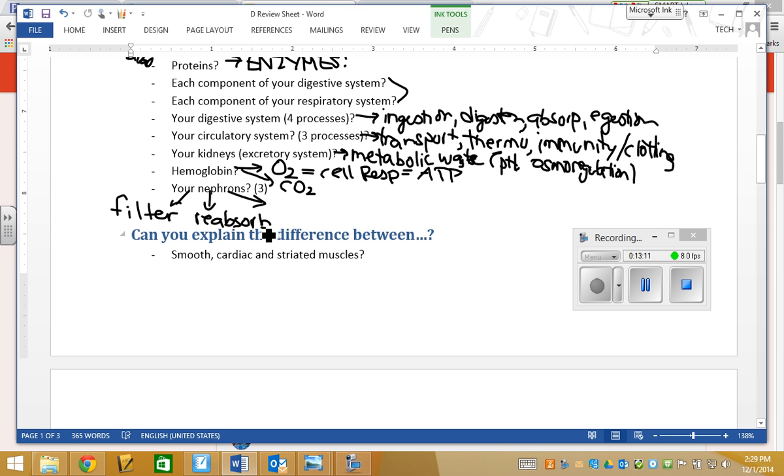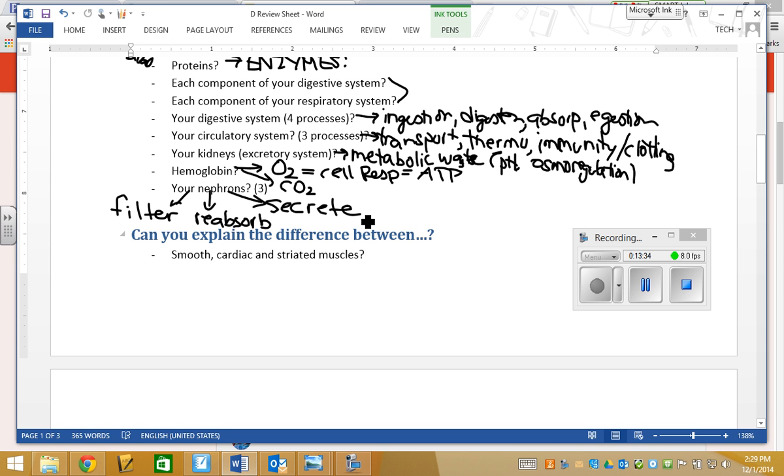Water is reabsorbed because the concentration outside of the filtrate is higher, and water always follows higher concentration. So if I ask why you're reabsorbing water, it's because you've already reabsorbed other things like sodium and glucose and amino acids. Your nephrons as well secrete things.